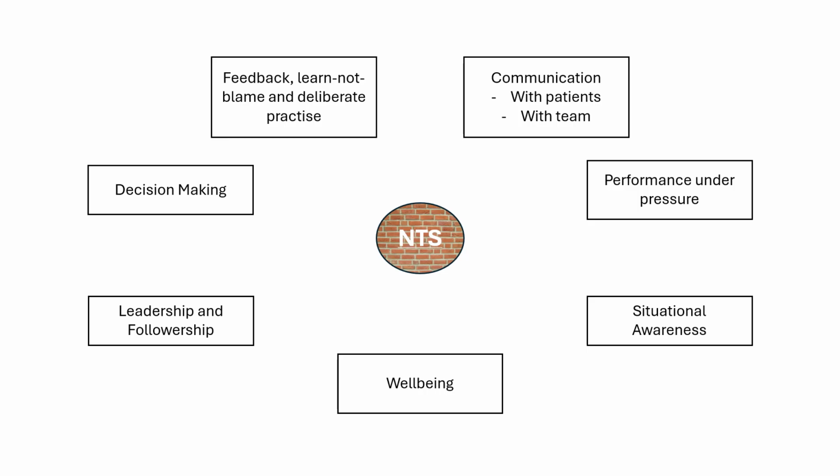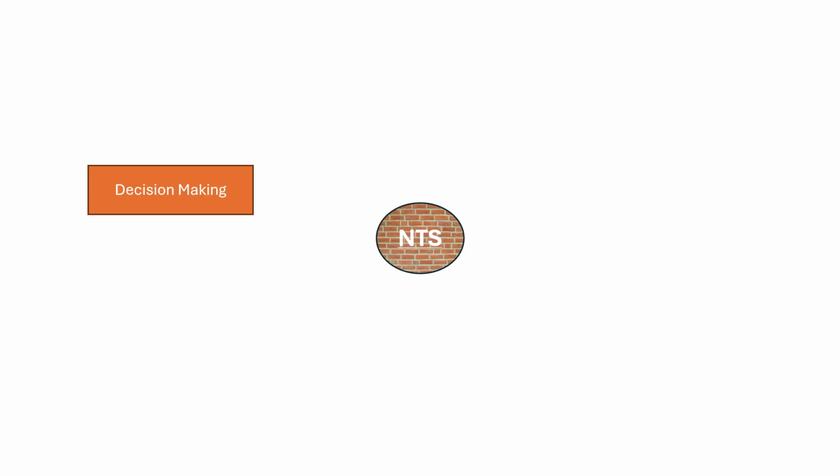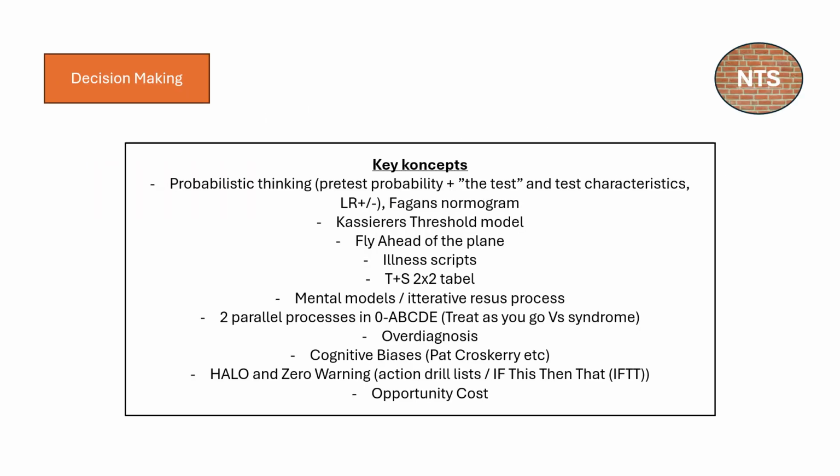So these are the ones that I have picked out to talk about. As I said, there might be many others that you could talk about, but we'll do these, and we'll start off with decision making. There are some key concepts. I'll pick them out and I'll just go through. Decision making is about how do we make decisions, and we've been talking about that at length almost for 4 hours now.